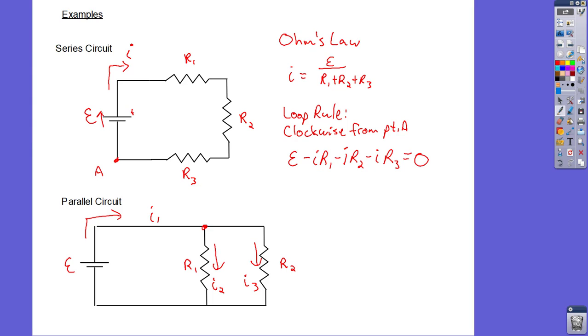So we know that if we think in terms of Ohm's law, 1 over Req would equal 1 over R1 plus 1 over R2. And then if you wanted to find I1, you could do it that way. But let's just look at the loop rule.